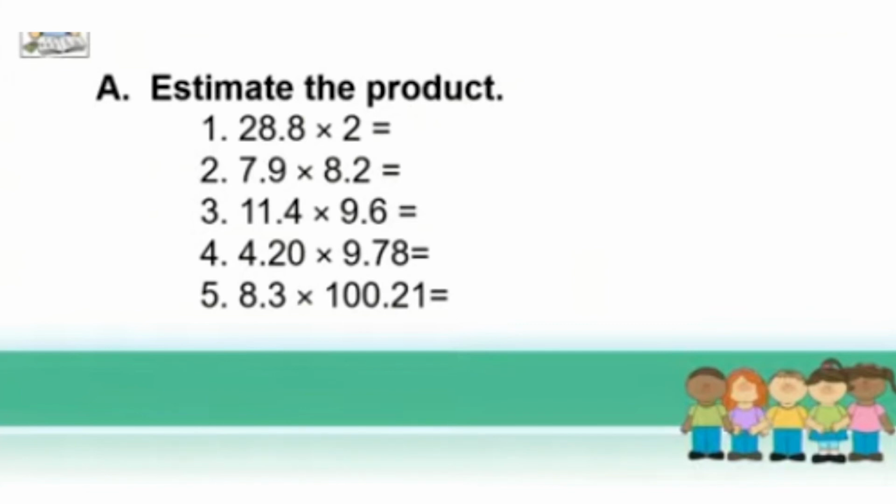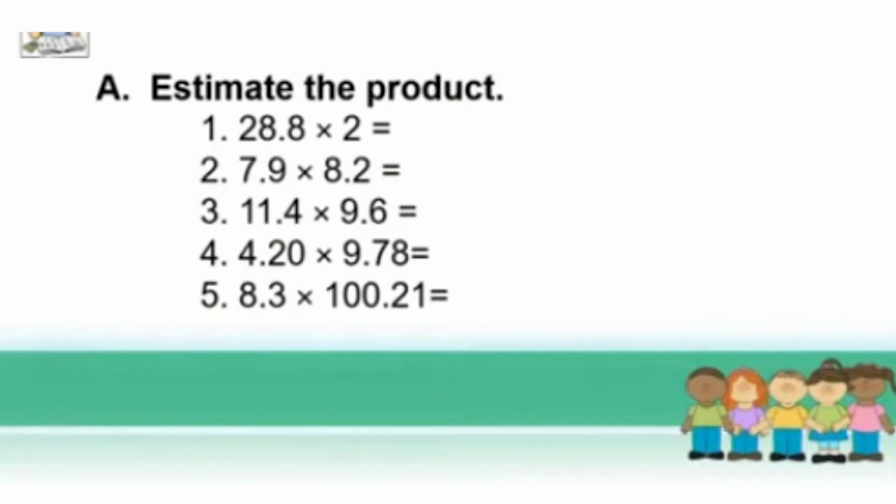Okay, let us answer letter A. Number 1. What will be the estimated product of 28.8 times 2? For number 2, what is the estimated product of 7.9 times 8.2?